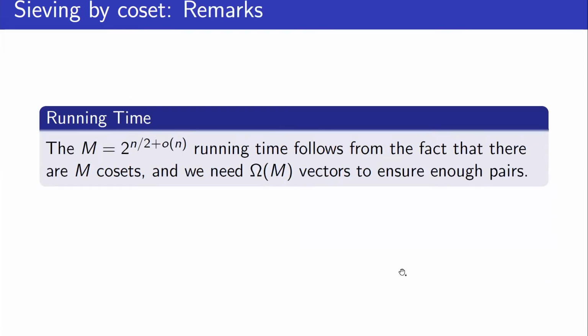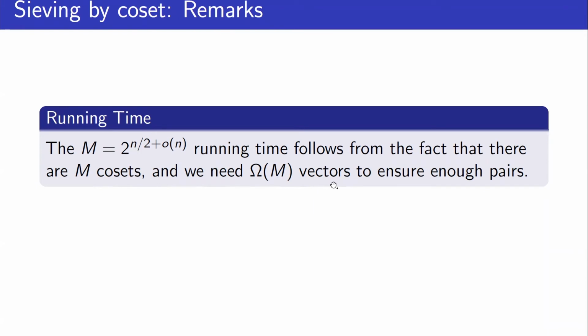And a quick remark on the running time. So the running time was 2 to the n over 2 plus o(n), because there are this many cosets. So we need at least this many vectors so that we have enough vectors.